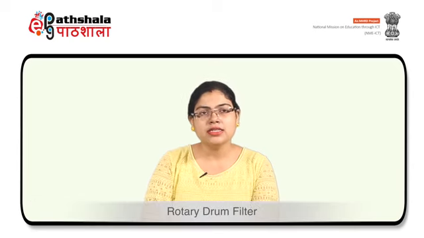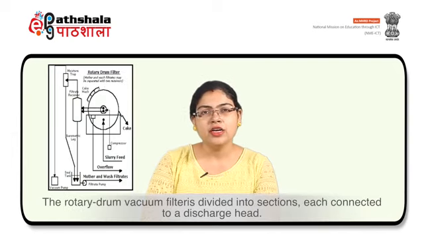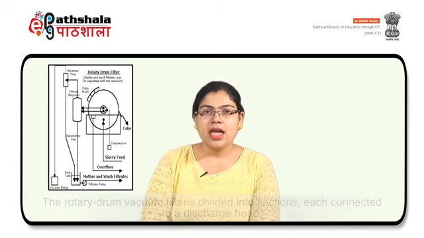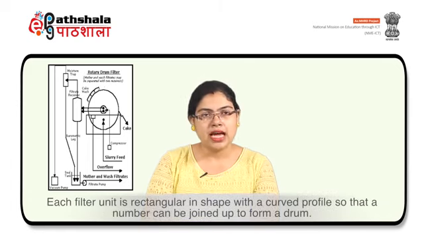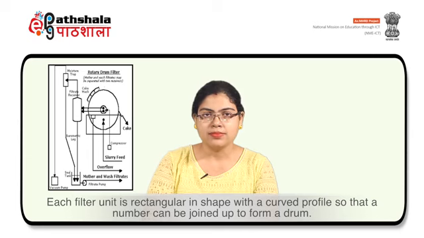Under this, we will discuss the rotary drum filter. The rotary drum vacuum filter is divided into sections, each connected to a discharge head. Each filter unit is rectangular in shape with a curved profile so that a number can be joined up to form a drum.